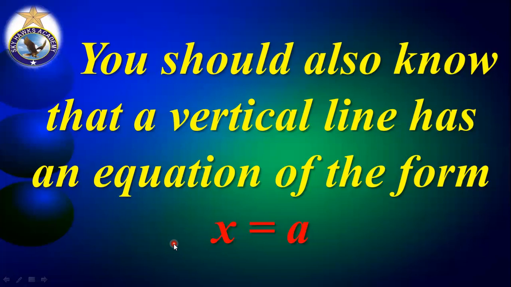If the slope is undefined, we can say the line is either parallel to the x-axis or parallel to the y-axis. Either they are vertical or horizontal, because their slopes cannot be defined.